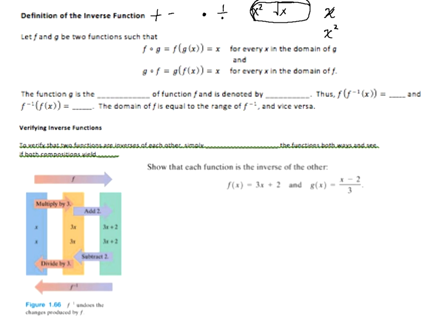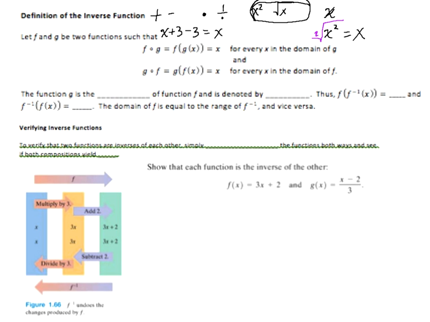Now if I come back and take the square root, remember the understood index there is 2, of that thing that's squared, I end up where I started, at x. That's what we mean when we say they undo each other. They unpack the boxes. Once again, if we start with x, add 3, and the inverse operation would be subtraction, so I subtract 3 as well, I end back up at x.